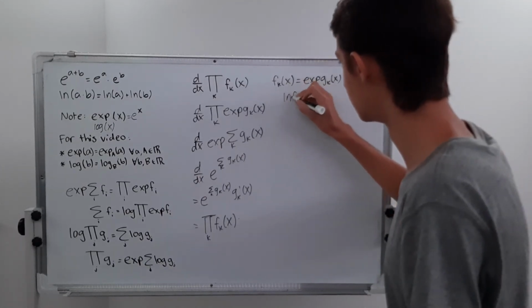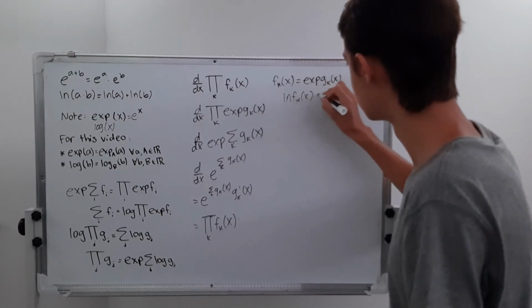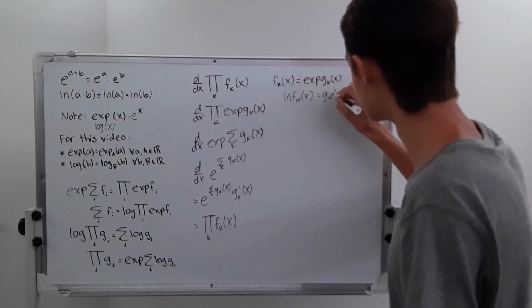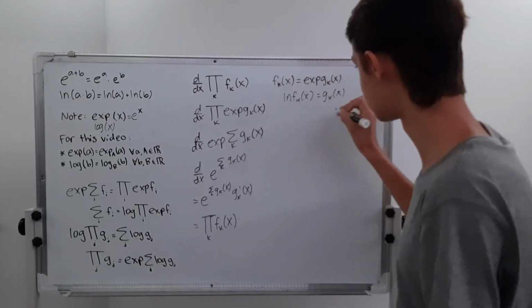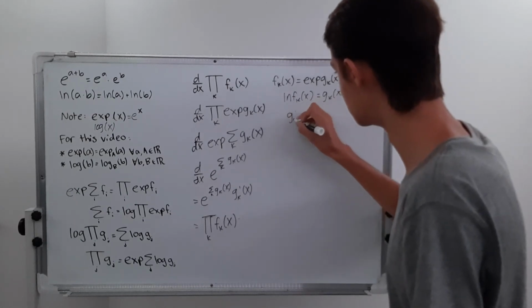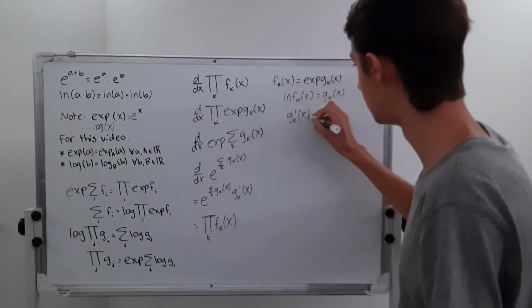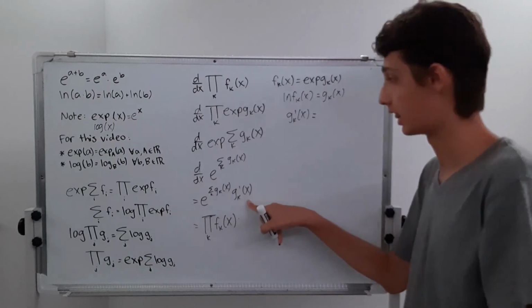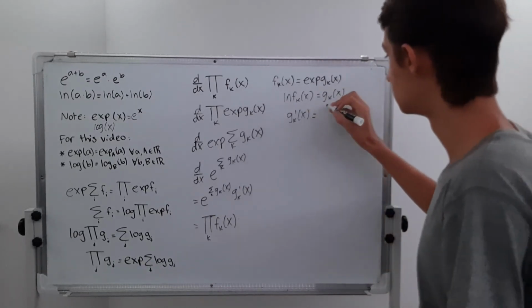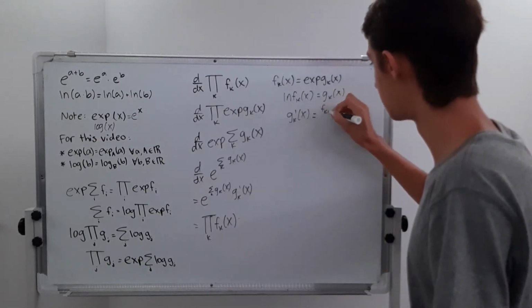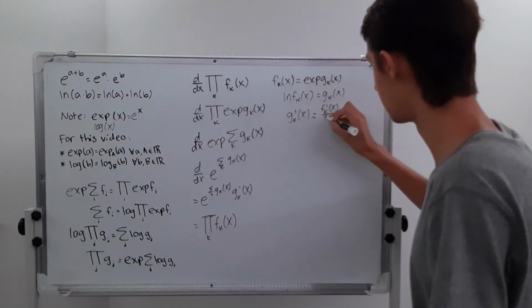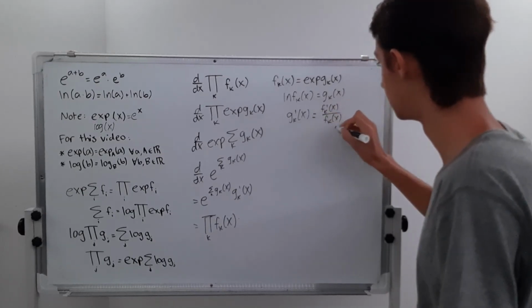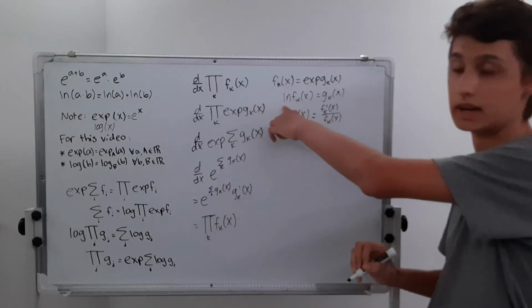We get that ln f sub k of x is equal to g sub k of x, and we just found this derivative, g sub k prime of x. This is just f sub k prime of x over f sub k of x, because you take the derivative of the natural log.